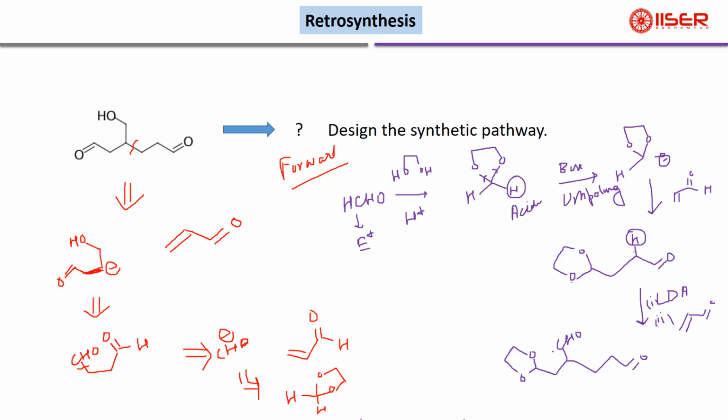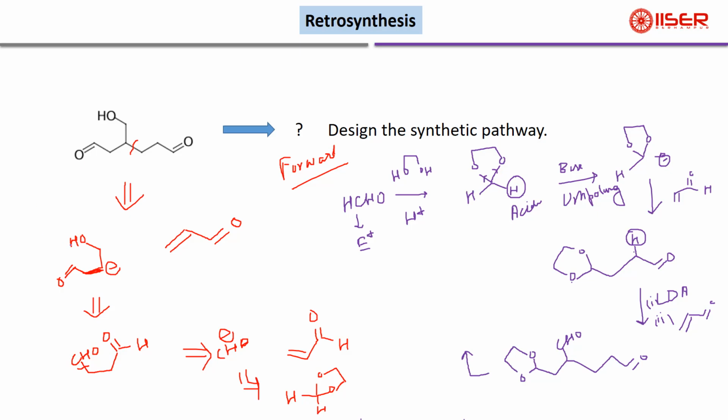In the next step, we can see this has been reduced. We are not deprotecting it yet, because if we perform the reduction after the deprotection, there will be two aldehydes and both of them will be reduced. But here this one is the free aldehyde, so we are not deprotecting it. We will perform the reduction first, then we will deprotect it.